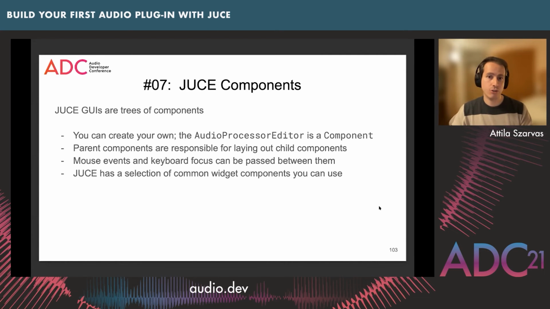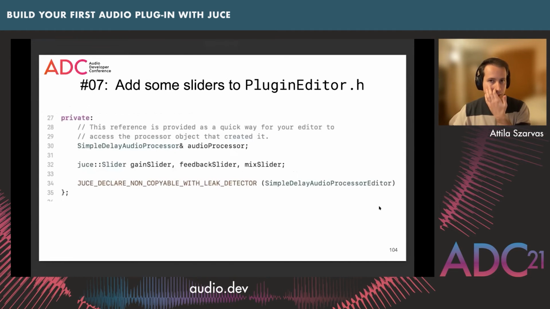So JUCE has a selection of common widgets, as I mentioned. This time we want to control a number of parameters, and for them we will be using slider widgets. I'm just going to give you a quick heads up. There will be 3 steps to adding sliders to our user interface.